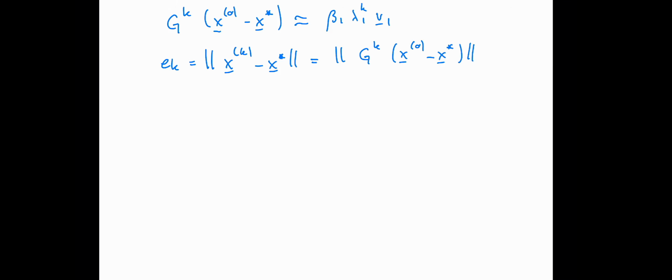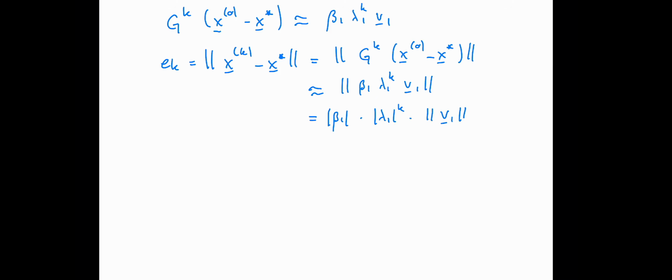And apparently we have just found that this is approximately the norm of beta 1 lambda 1 to the power k v1. Then we go back all the way to the start of this course, and we know that we can pull out the scalars, and this is absolute value beta 1 times absolute value lambda 1 to the power k times norm v1.